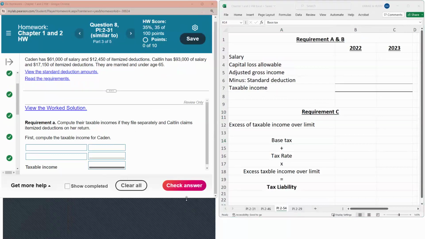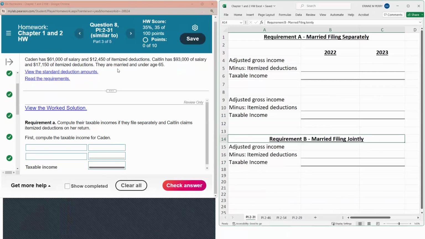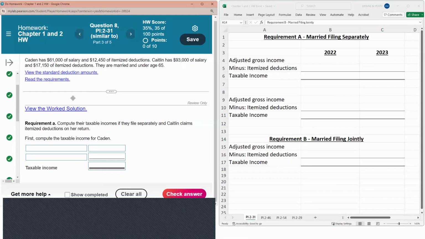So we'll start off with our first question. Here it says, for requirement A, compute their taxable incomes if they file separately, and Caitlin claims itemized deductions on her return.